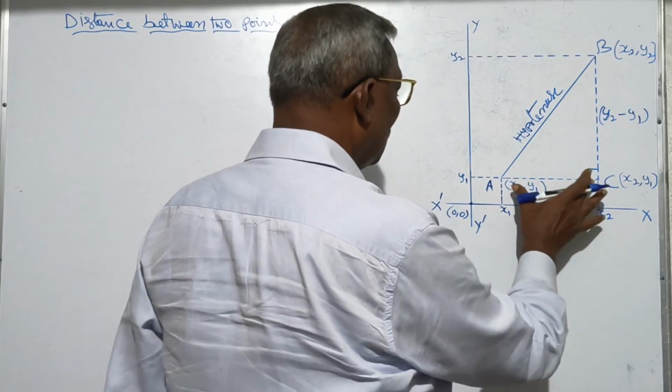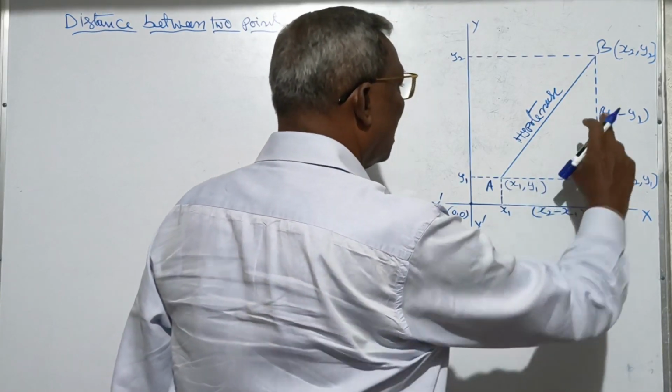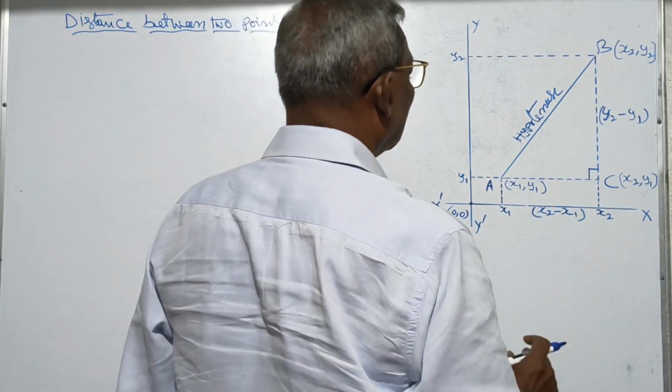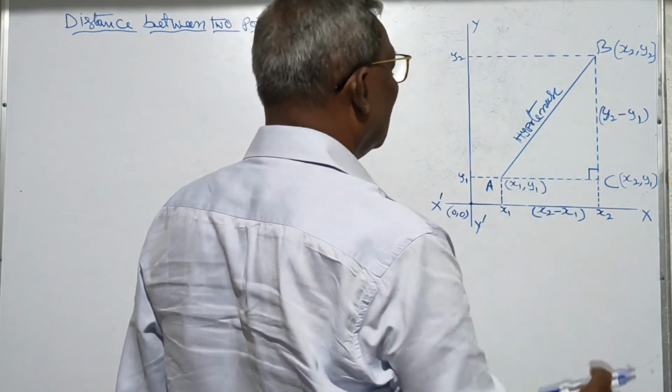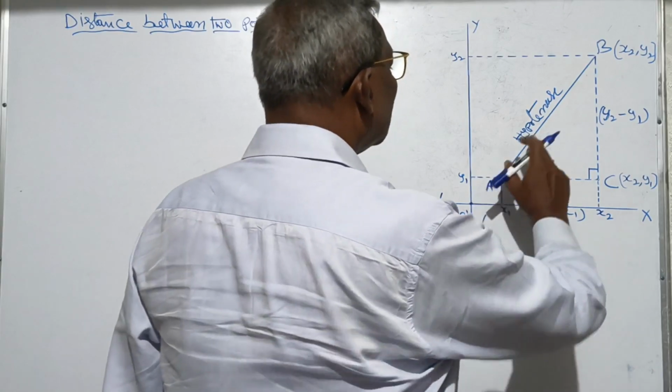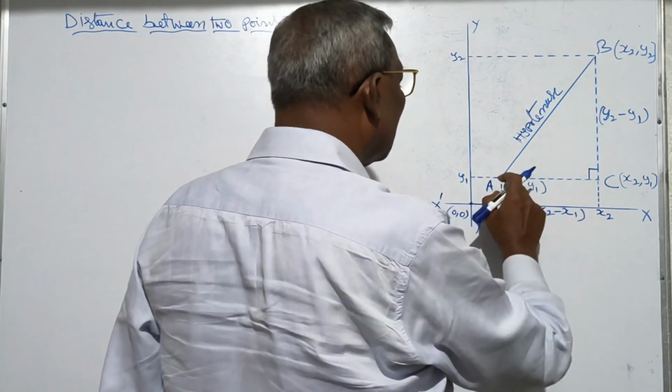So we know this side and this side. Now as per the Pythagoras theorem, we should find the hypotenuse. What is the length of the hypotenuse here?